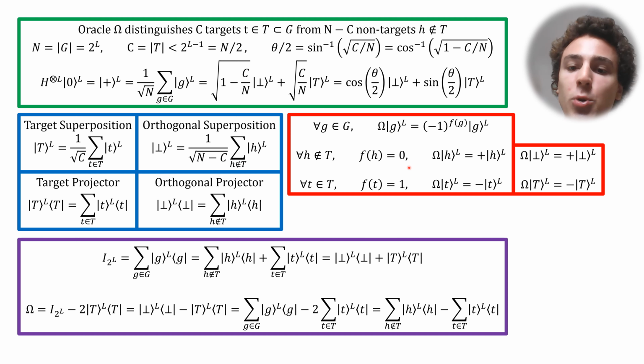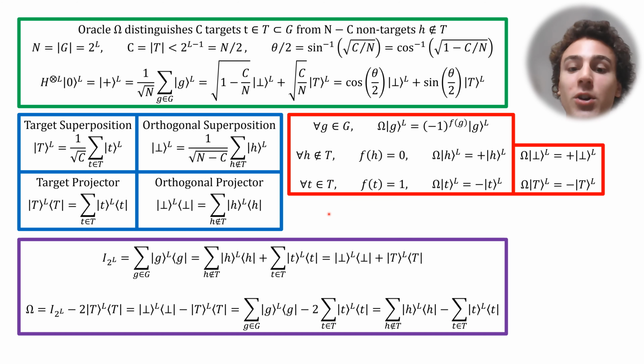So we can see the two cases down here. For all of the non-targets, those are the elements of G that are not elements of T, the function evaluates to 0. So if we put these h's inside of the function, we're going to get 0. And that means we're going to have -1 to the power of 0 over here, and that's going to give us +1. So the oracle doesn't do anything to these states. It just leaves them alone. It gives them a +1 coefficient, which is the same as the identity operator.